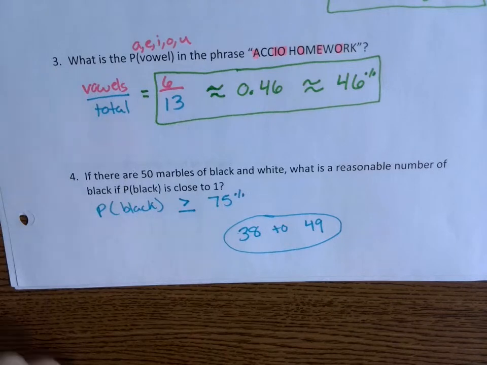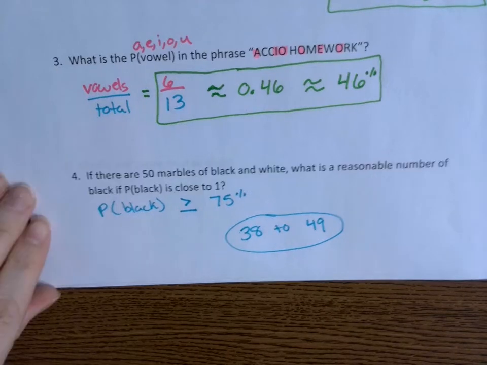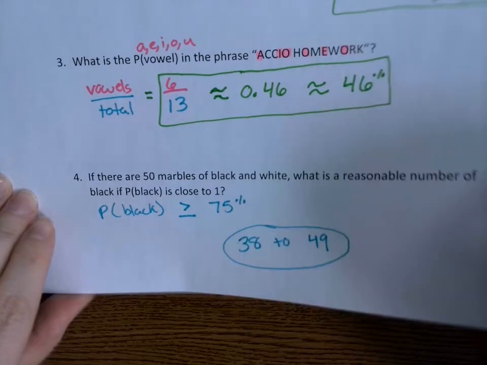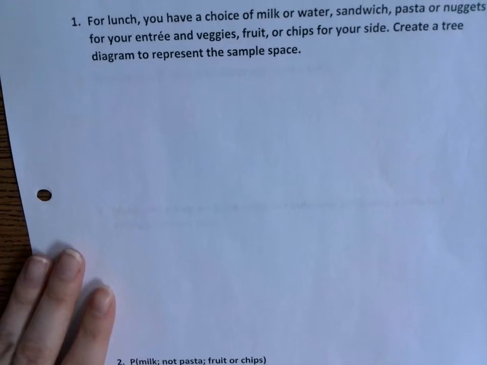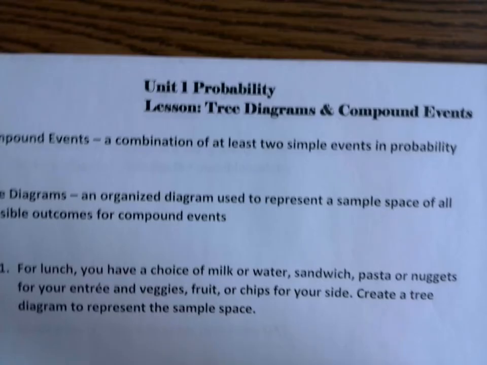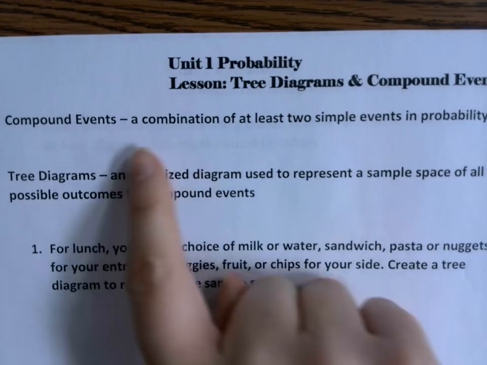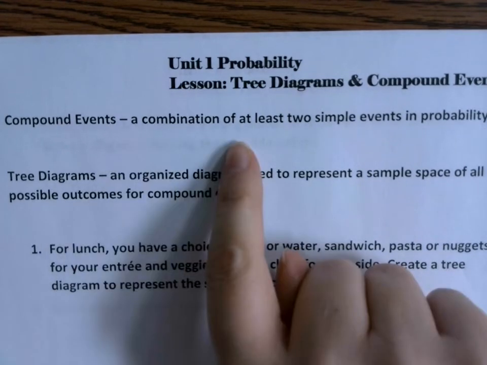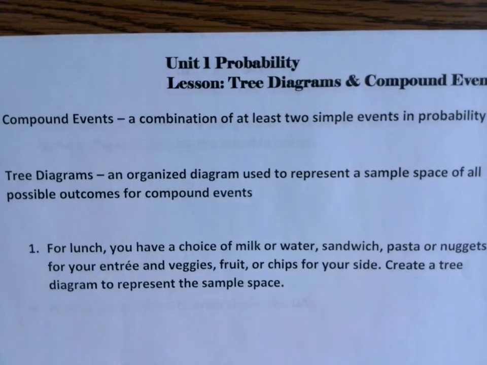All right, let's go ahead and go on to the next page. We're going to be talking about tree diagrams and compound events today. So compound events, I've mentioned it before, but a compound event is a combination of at least 2 simple events in probability. Things like tossing a coin, rolling a die, or pulling a marble out of a bag and spinning a spinner.